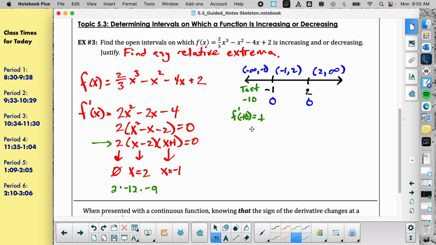So underneath this, I'm going to write increasing. I don't have enough room, but I know that whole section is increasing because I have a positive slope.